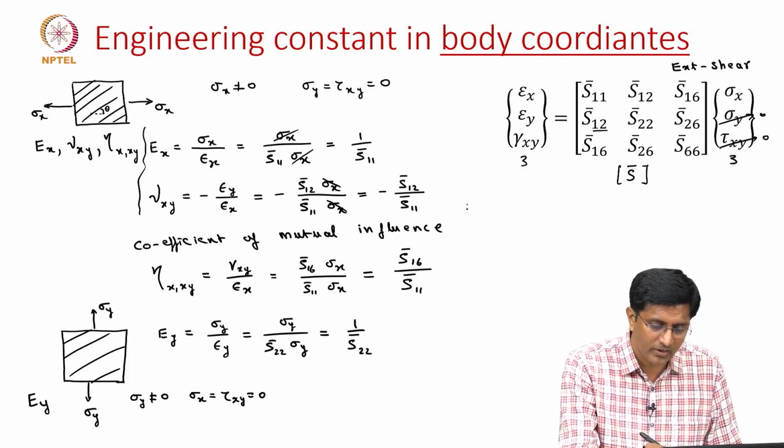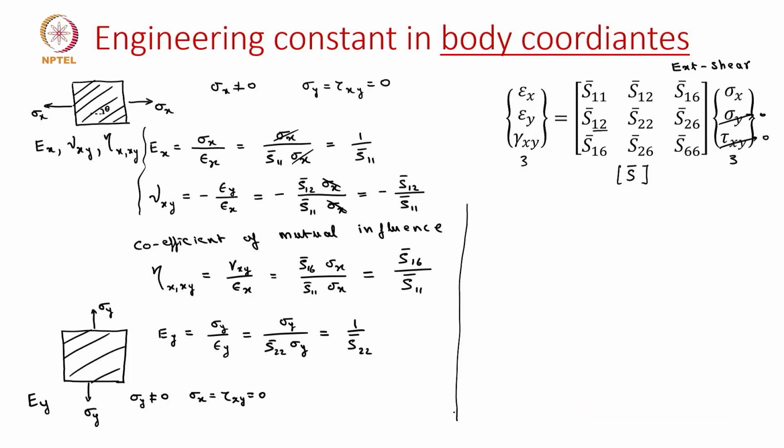Similarly, I could have designed one more experiment where we apply pure shear without any normal stress. So we are again taking the same lamina with this angle theta and then applying these shear stresses tau xy.